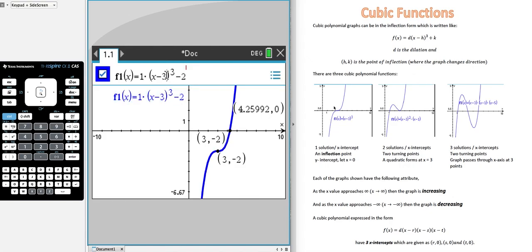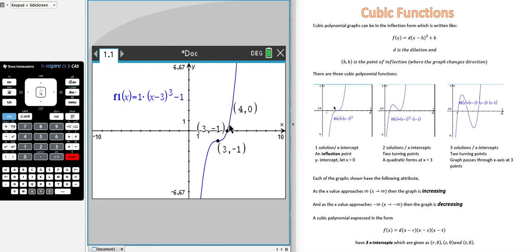I still have to find where the x-intercept is. So you can see here that it's got the inflection point, but it also has my x-intercept. So it's quite easy to do this on your CAS.